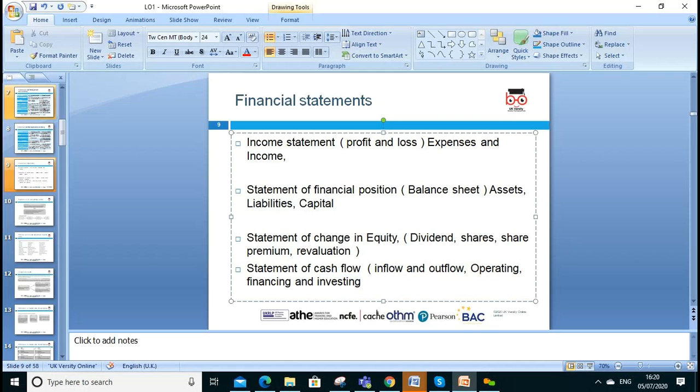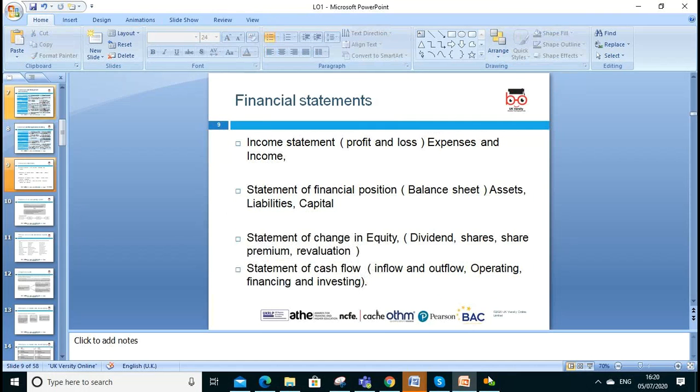If we generate cash or borrow money, that is called financing. So we can look at cash in and out through all these activities. That's what we can find from these statements. Any questions? No, that's fine.